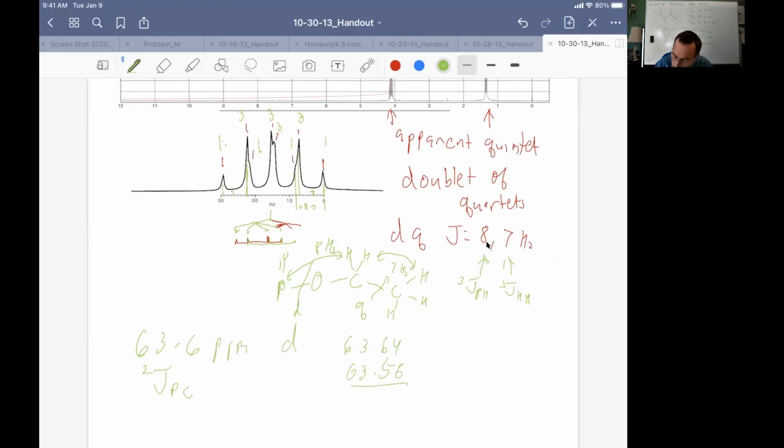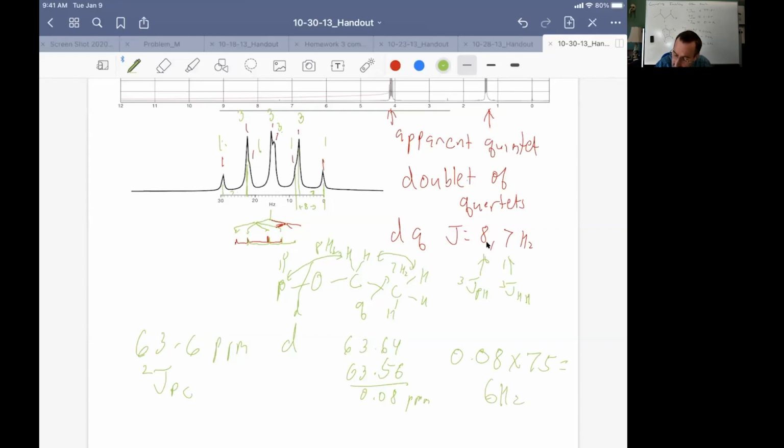So it's 0.08 ppm. But remember, we always report our J's in hertz because they're invariant in hertz. So at 75 megahertz, 0.08 ppm times 75 hertz per ppm is equal to 6 hertz.